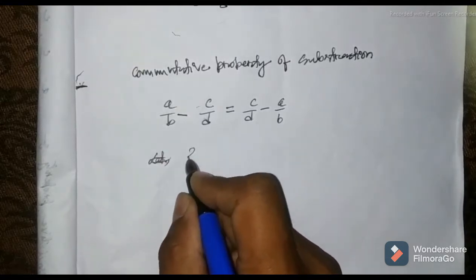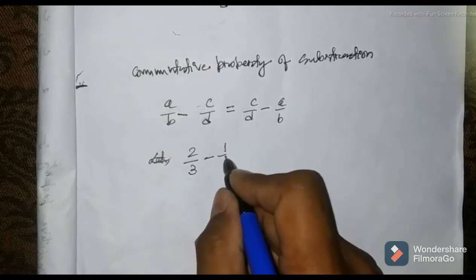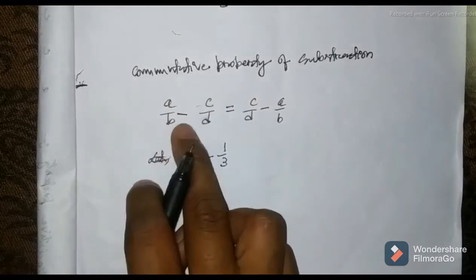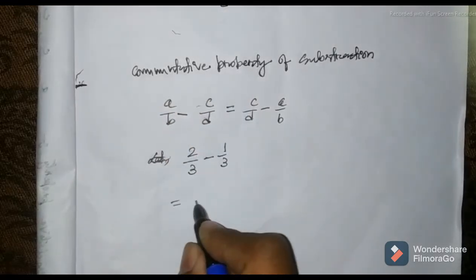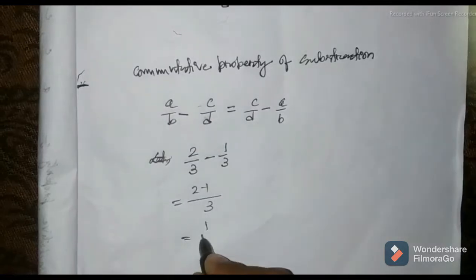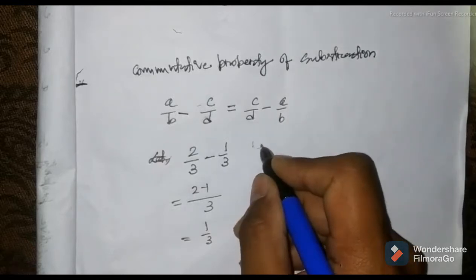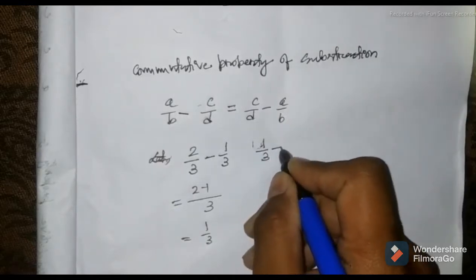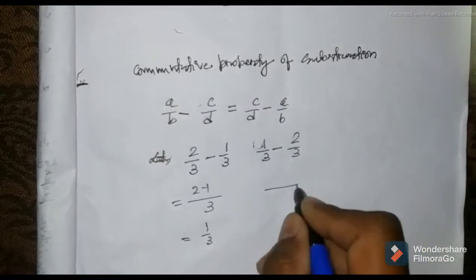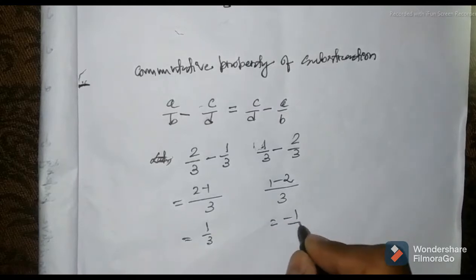I am taking a by b as 2 by 3 and c by d as 1 by 3. Now a by b minus c by d equals 2 minus 1 by 3, equal to 1 by 3. Now c by d, 1 by 3, minus a by b, 2 by 3, gives 1 minus 2 by 3, equal to minus 1 by 3.